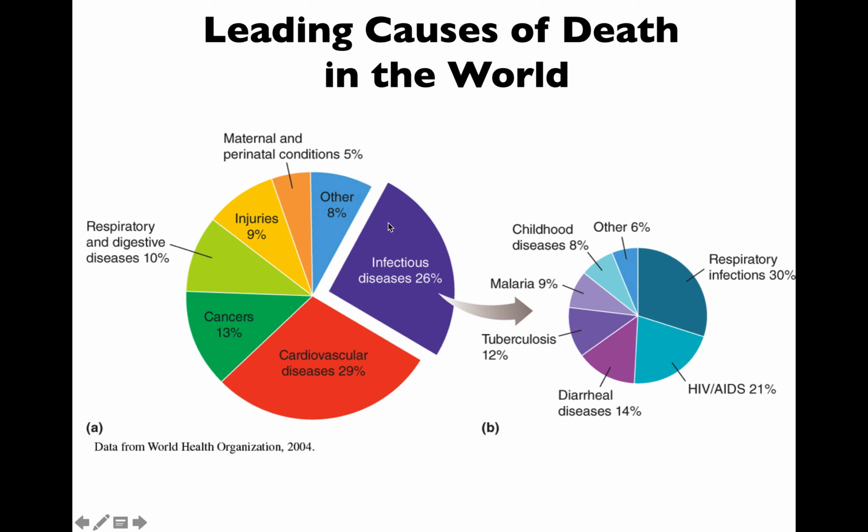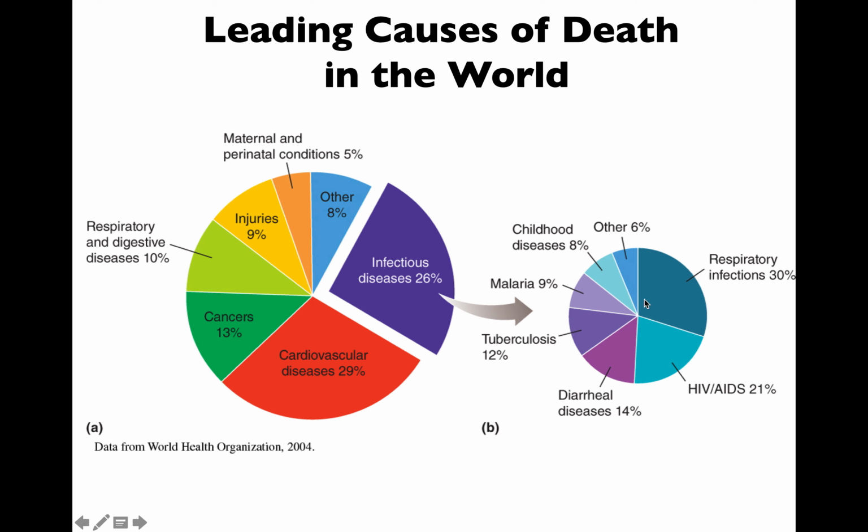So looking at some of the leading causes of death in general, if we look on the left here, this is from 2004, so it's not quite up to date. But the big one here, cardiovascular diseases, and cancers is 13%. There's also just a lot of other different categories. But if we look at infectious diseases, and this is what's going to be related to what's going on right now in the world, 26% of leading causes of death are from those.